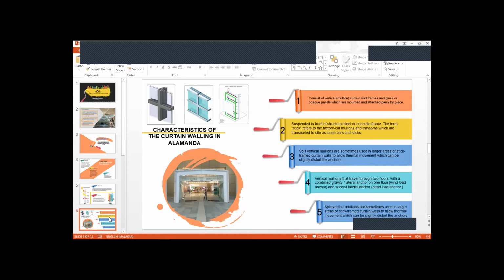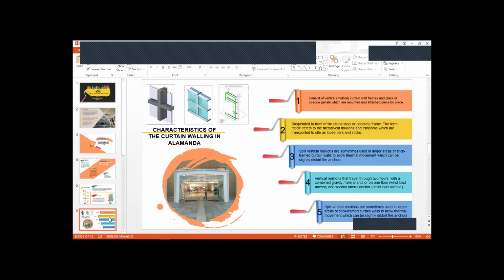Which means that the curtain wall is like pasted onto the frame, like we just glue it to the frame. That's why it is called suspended. And the third point is split vertical mullions are sometimes used in larger areas of stick frame curtain wall to allow thermal movement, which can slightly distort the anchors.